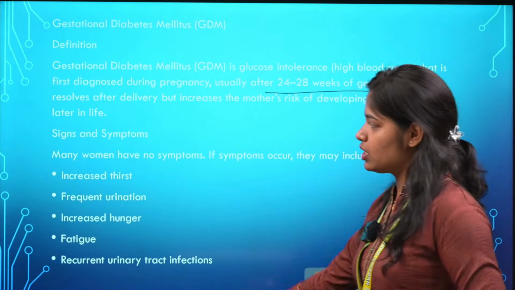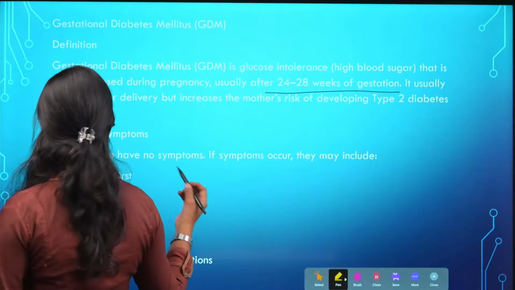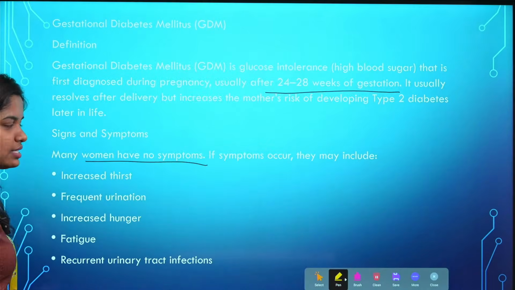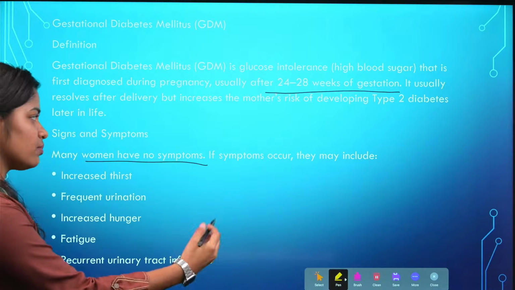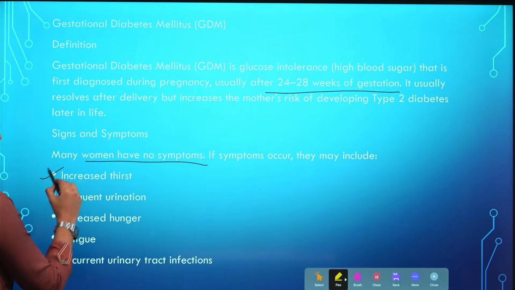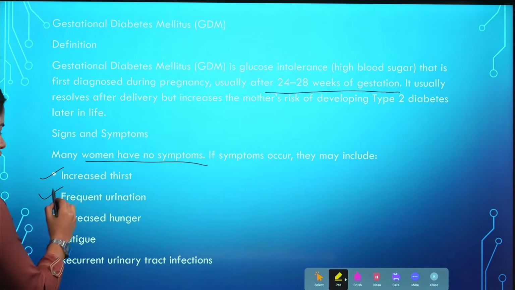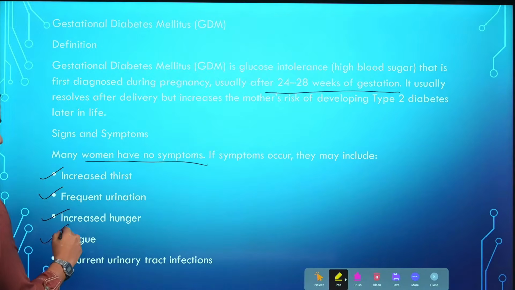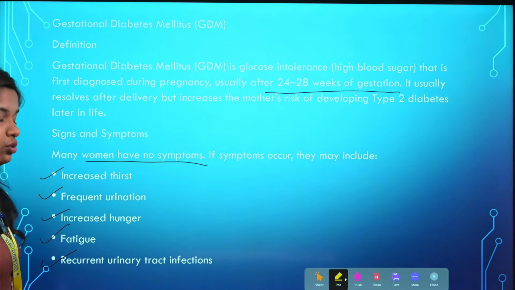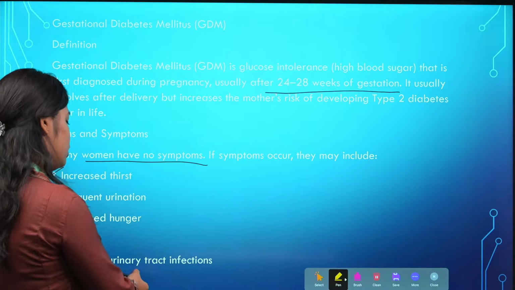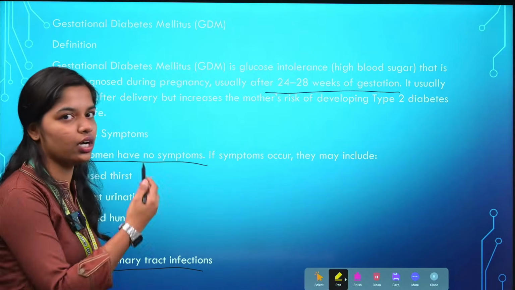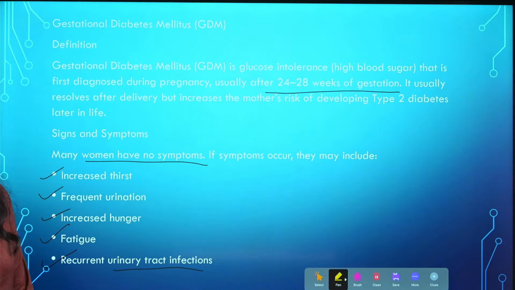The symptoms: some of the mothers or women will not be having any symptoms, or if symptoms occur, there may be increased thirst, frequent urination, increased hunger, fatigue, and recurrent UTI or urinary tract infection may occur due to gestational diabetes mellitus.